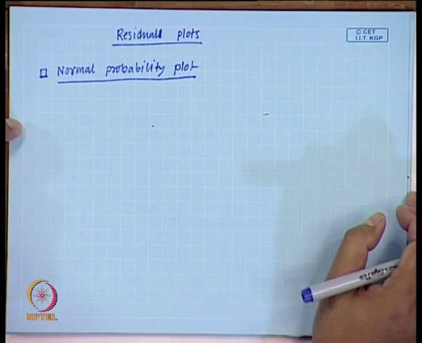What this normal probability plot does is that it basically checks the assumption that epsilon_i follows normal 0, sigma squared, and they are independent and identically distributed. So, this normal probability plot checks whether the error term really follows a normal distribution or not.